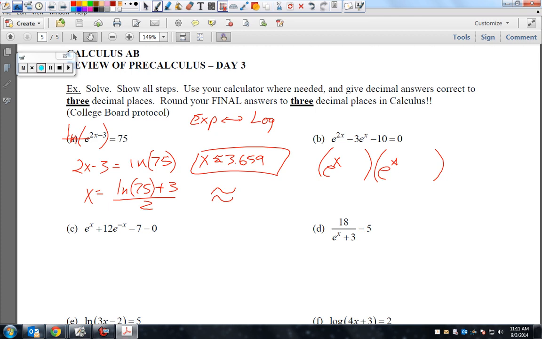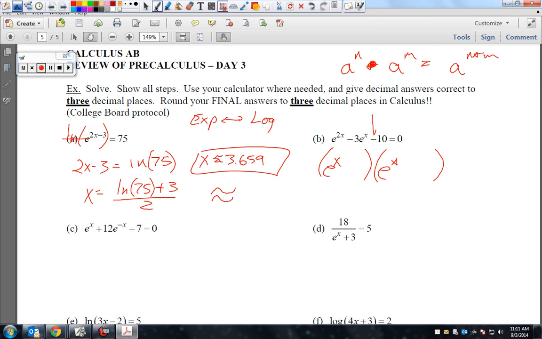Because exponents that multiply with the same base, what do I do with their powers? I add. Power raised to a power, you multiply. But these are exponents with the same base. You saw this as a to the n times a to the m equals a to the n plus m. So this would give me the 2x.